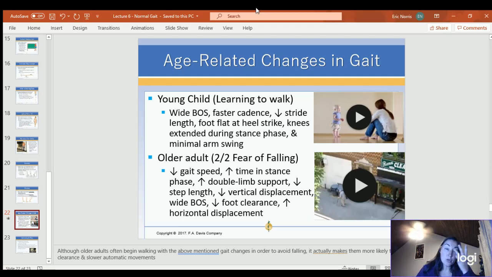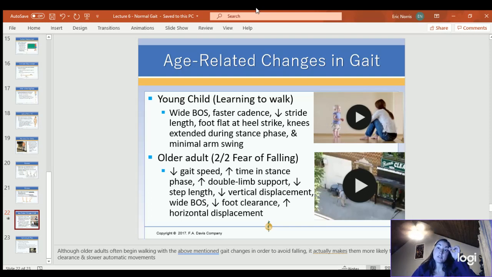And in older adults, there's also very common gait changes. Now, this I wouldn't consider quite as normal. Typically, what will happen is that they'll start to develop a fear of falling. Falling, as we've talked about so many times, leads to a decline in overall health and there's a lot of correlation with falls and decreased life expectancy.